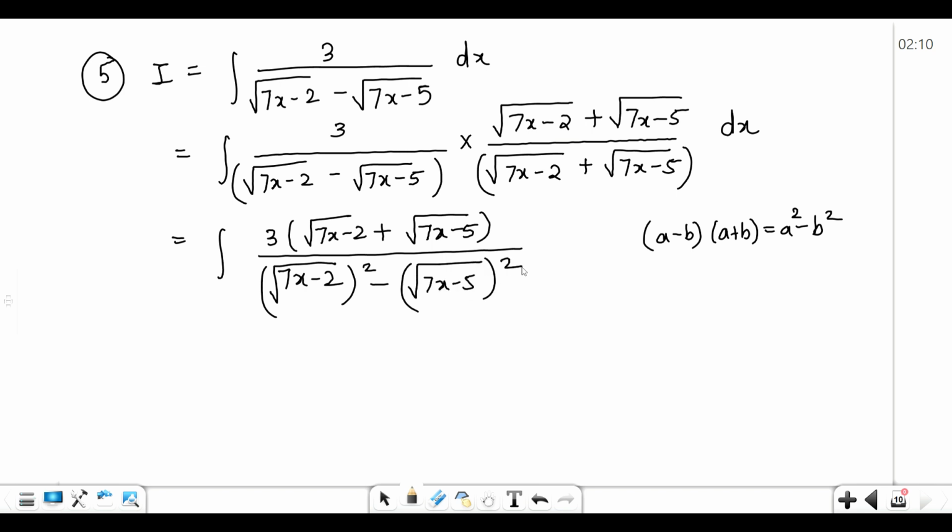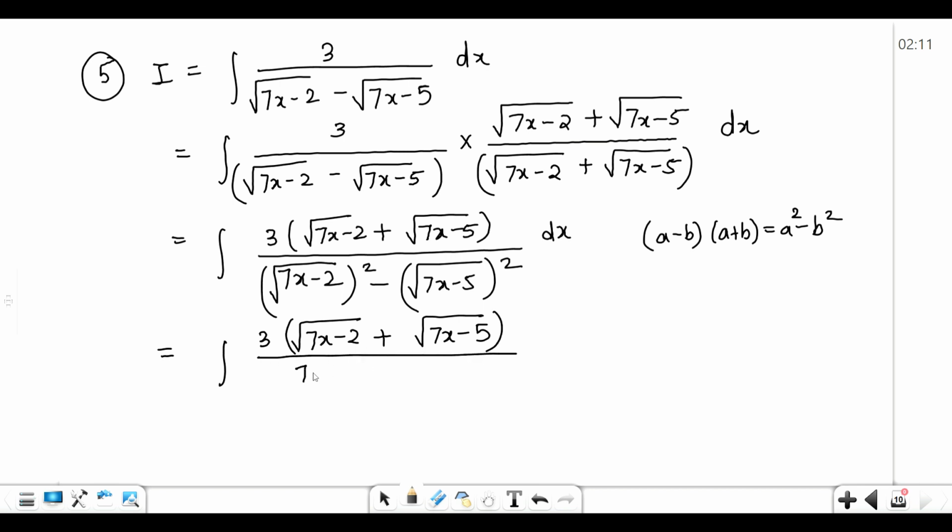Now in the denominator square and root will get cancelled, of course, so that will be (7x - 2) minus (7x - 5) dx. Now we'll move on to the next page.